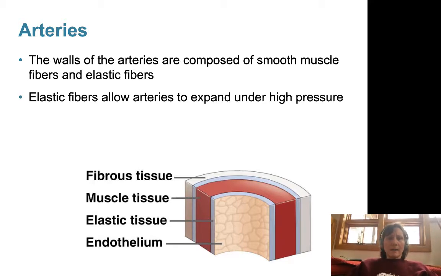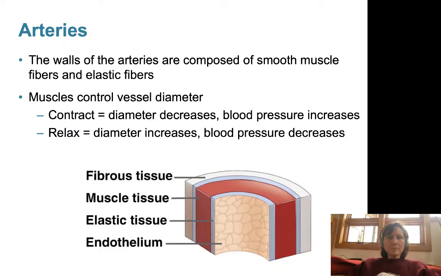So I say that here. The walls of the arteries are composed of smooth muscle fibers and elastic fibers. So it is able to stretch a fair bit, but they're tough. And so it can expand under high pressure, but it won't burst. The muscles in these vessels control the diameter.